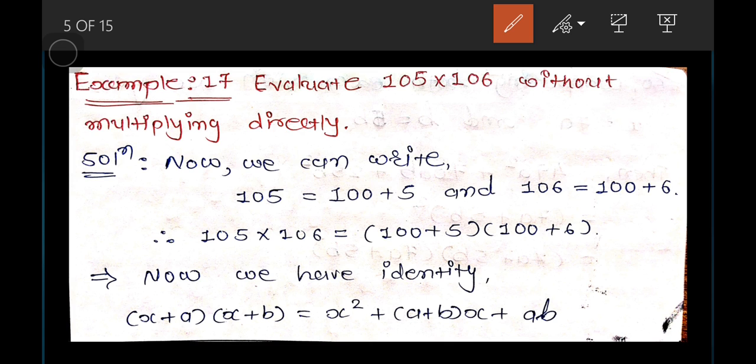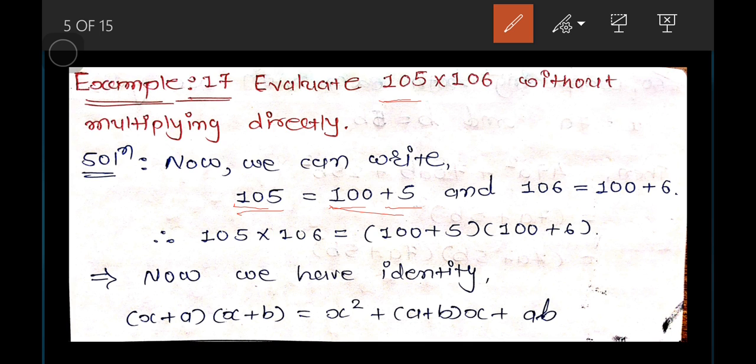So now we can write 105 as 100 plus 5. Here we convert every term to simplify the product.